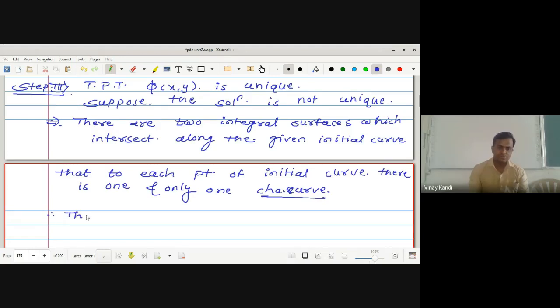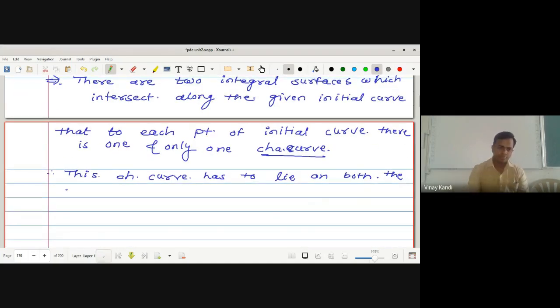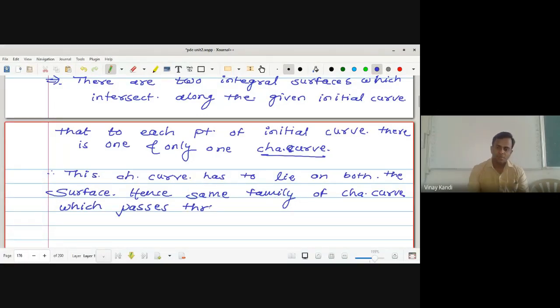Okay, therefore this characteristic curve has to lie on both the surfaces. Hence, the same family of characteristic curves which passes through each point of the curve lies on both the surfaces.